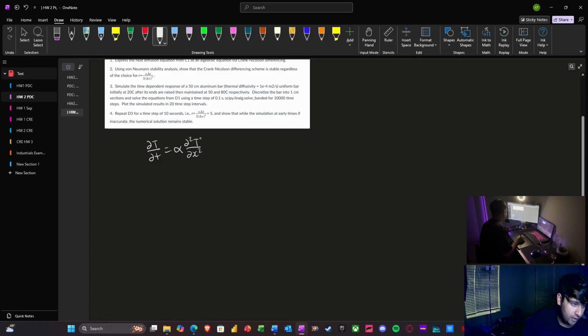So I have our equation that we have from part C, and if you remember, we did expand this into more of a matrix form, so we can go ahead and write that down.